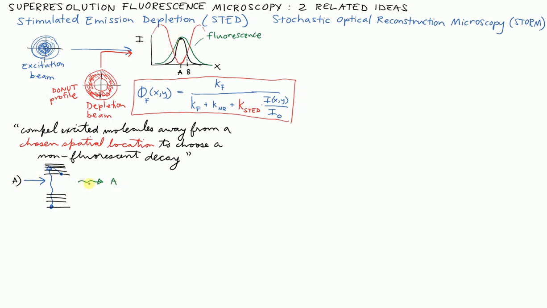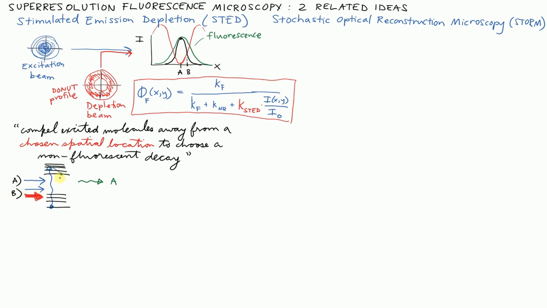If, however, in a second scenario, which might be happening at location B, here we're also sending in a blue photon, but we're in addition sending in a very intense beam of red light. We can crank that up as high as we want.